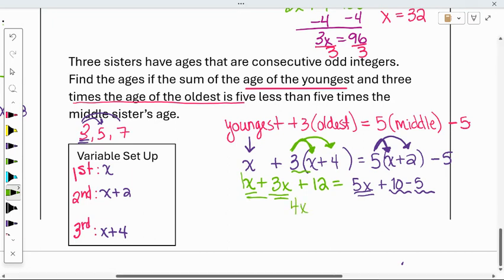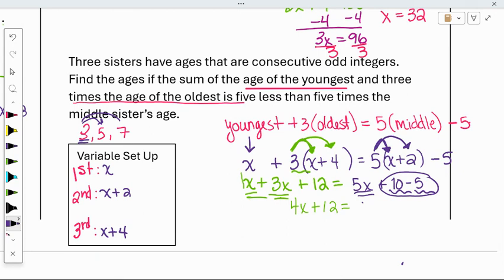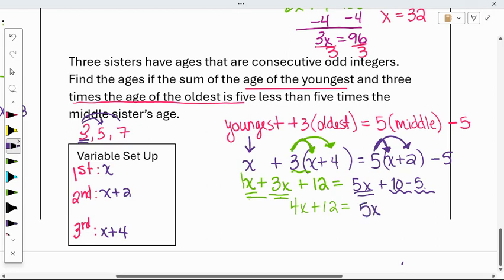So I have 4x plus 12 equals. This is the only thing that you can combine together. What happens to that? That 10 is positive. You maybe can't see it because I drew right through it. Do you see that 10 is positive? So a positive 10 and a negative 5 are still going to give me a positive 5.